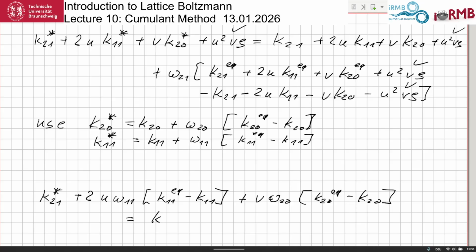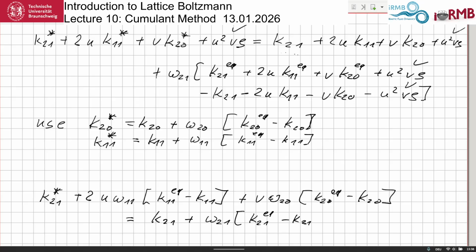So now everything else here has disappeared up to this here, of course, plus now the last two lines, omega 21 (K21 equilibrium minus K21). So I'm grouping together this here with this here.